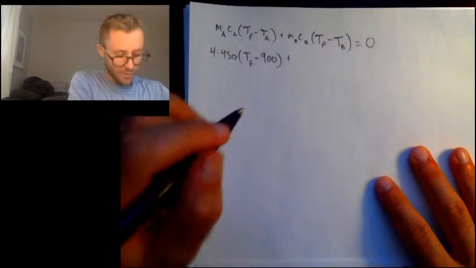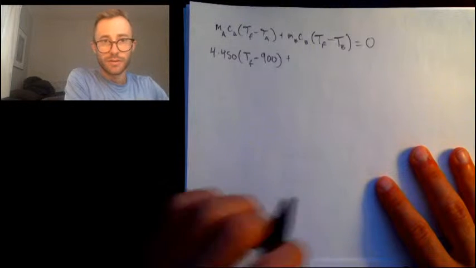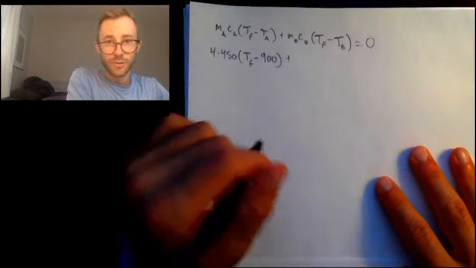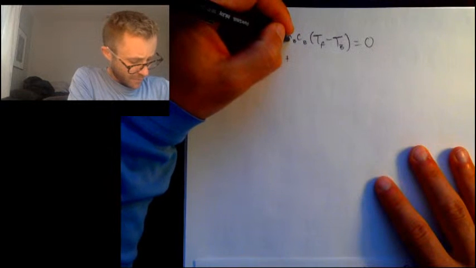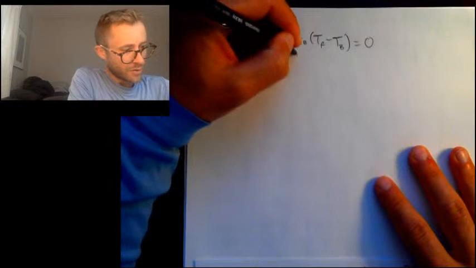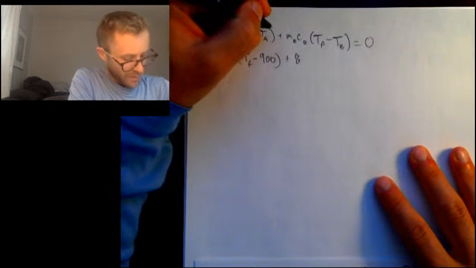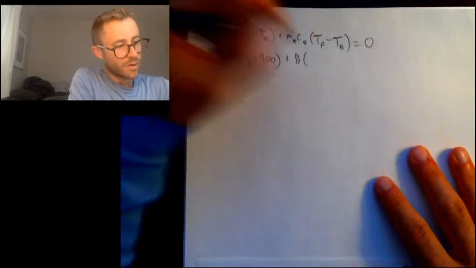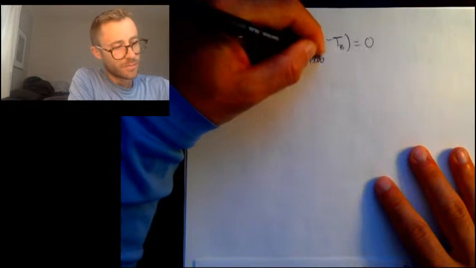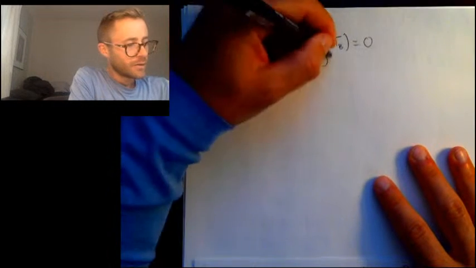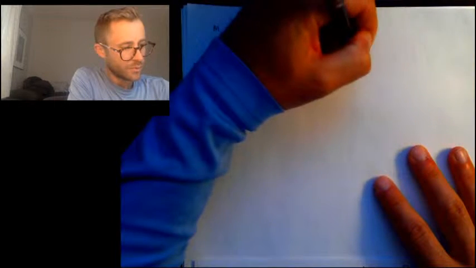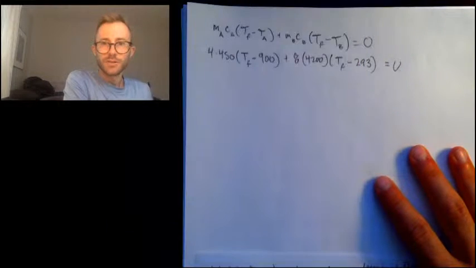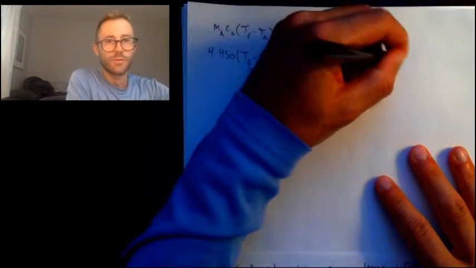B is representing the water that we're submerging the sword in to quench it. And the mass of the water is 8 kilograms. The specific heat capacity of water is 4,200 times (T final minus the initial temperature, 293). And that equals 0. So this is an equation that we solve for T final.